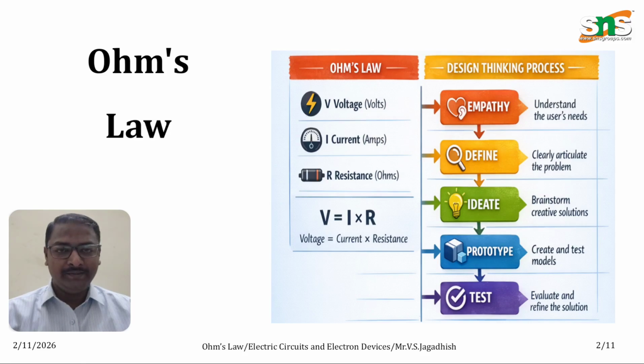The fourth stage is prototype, where we create a prototype model from the ideas we brainstormed, which also aligns with the need of the customer. The last stage is the testing phase, where we evaluate the prototype we have developed and present or refine the solution according to the need of the customer.